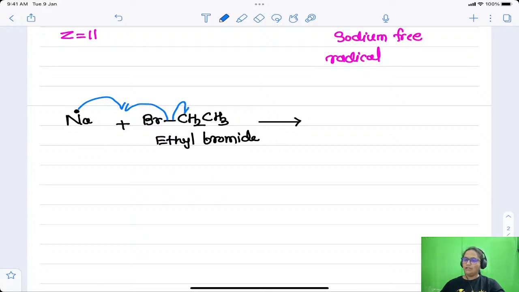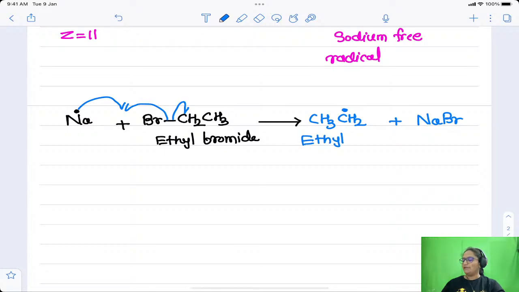So there will be a loss of NaBr: Na radical and Br radical combine to form NaBr, and this CH2 will carry the radical now. So there will be formation of CH3CH2 radical, which is called the ethyl free radical, right? This is how from sodium the ethyl free radical is produced.